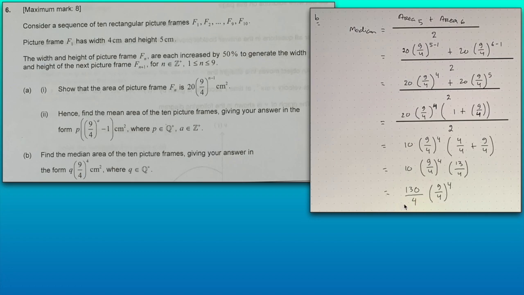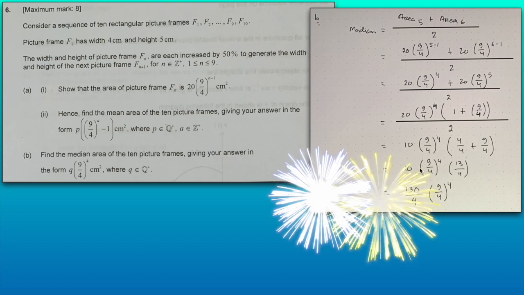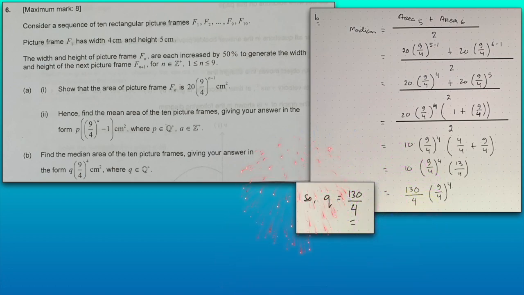Simplify this into the required form. So Q is equal to 130/4.